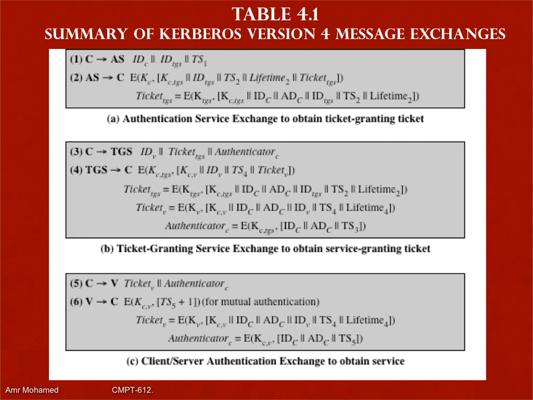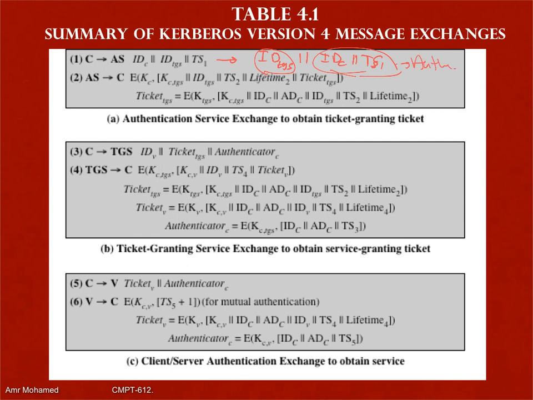So again, I like to format this slightly differently. We'll put it as I want to communicate with TGS and I'm authenticating myself as IDC, and I'm sending this at timestamp 1. This way, it is consistent with all the messages. So I'm always requesting a message with a particular server, and this is my authenticator.